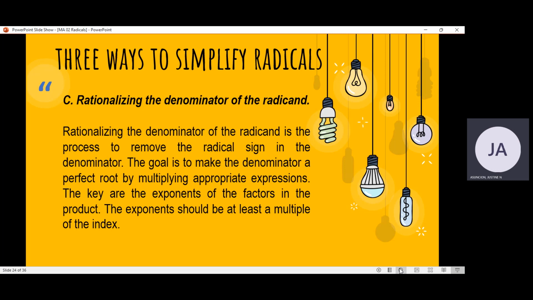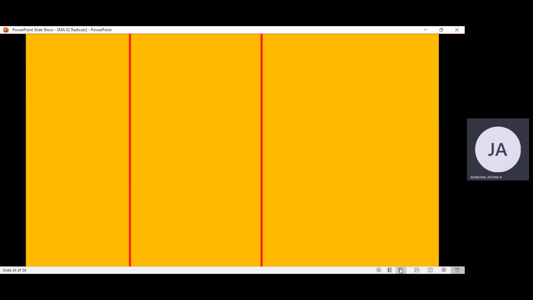We can use the identity property of multiplication so that we can preserve the equation, and also it does not change the value of the given expression. For instance, number 1, let's simplify the square root of x over y. As you can see here again, we have a radical in our denominator.